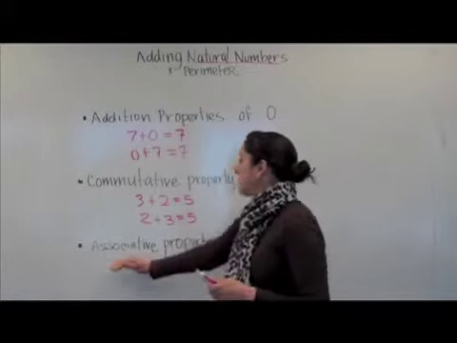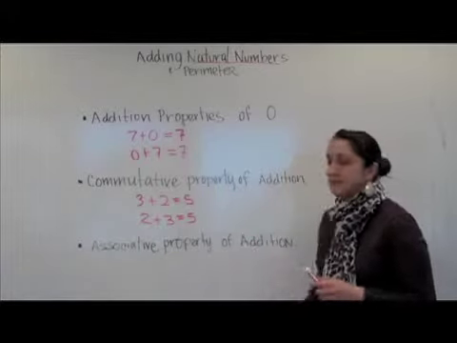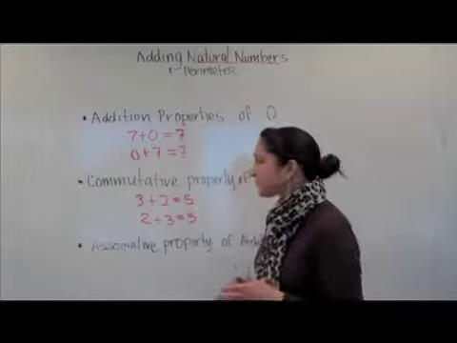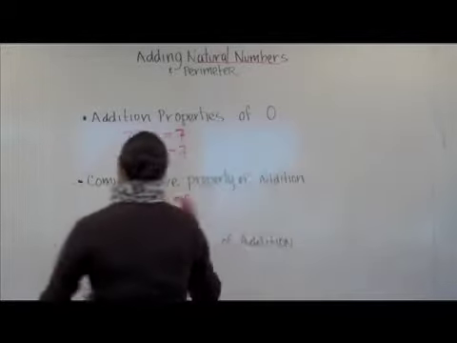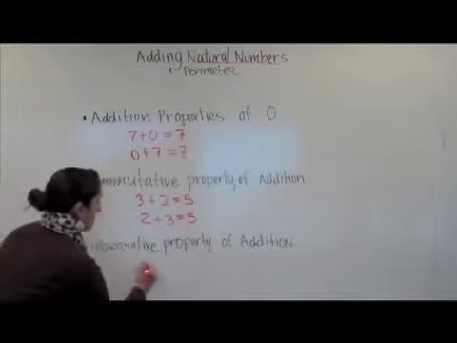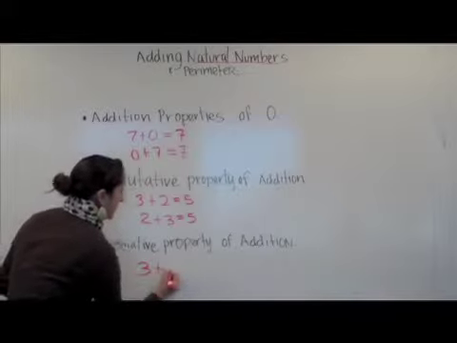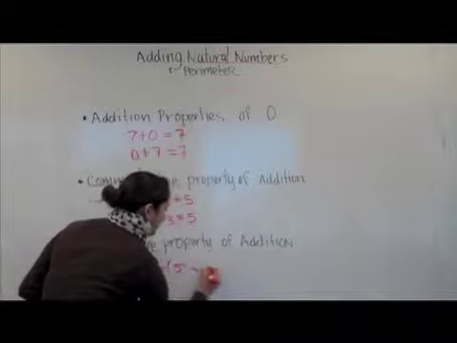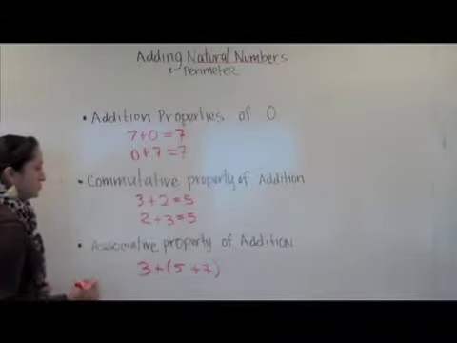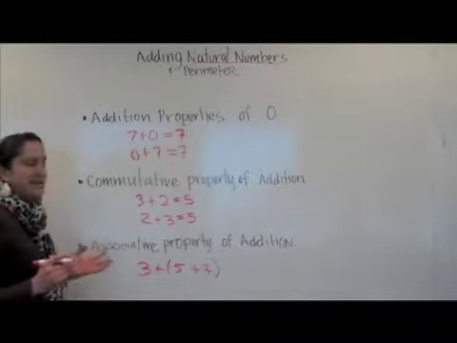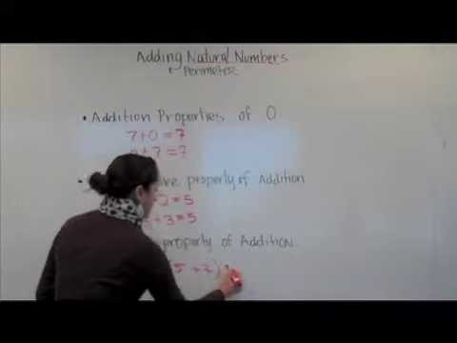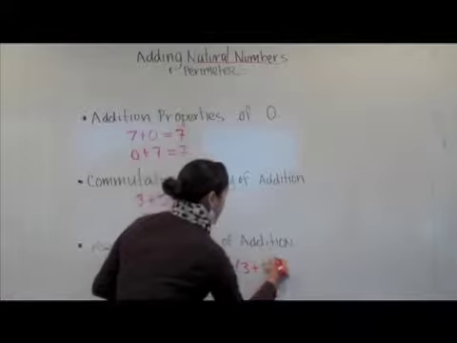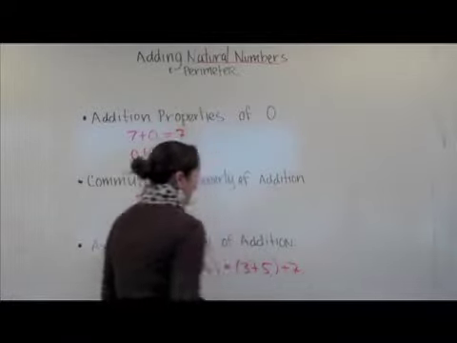What about the associative property of addition? It includes a little bit more numbers. All it's saying is, for example, if you have 3 plus (5 plus 7), is that really the same as having (3 plus 5) plus 7?